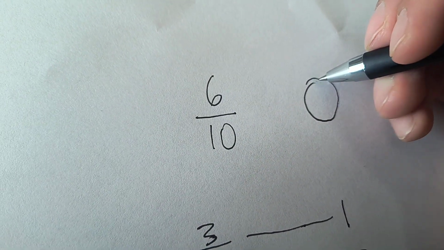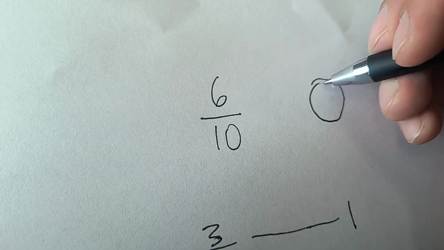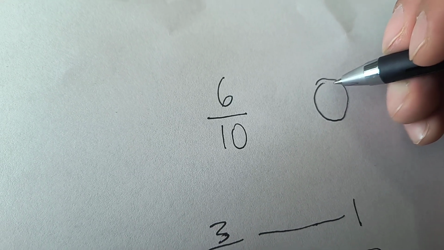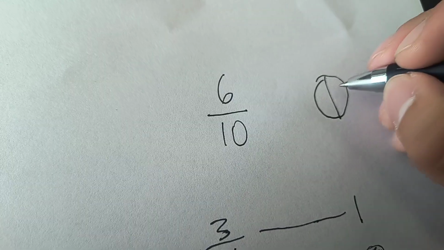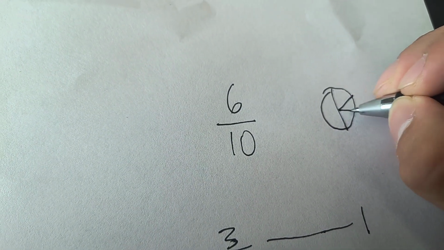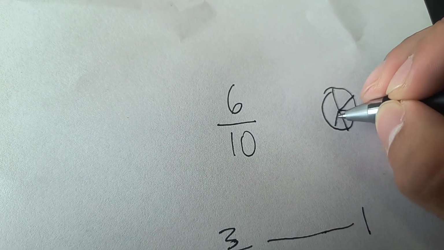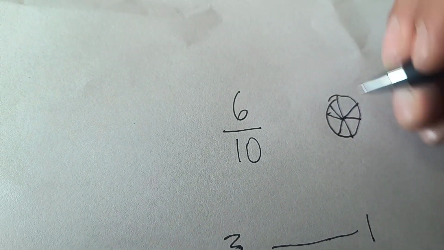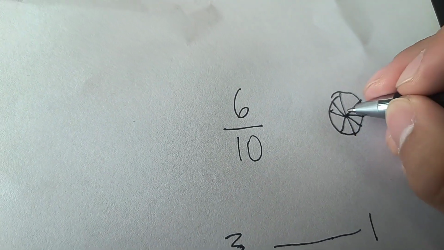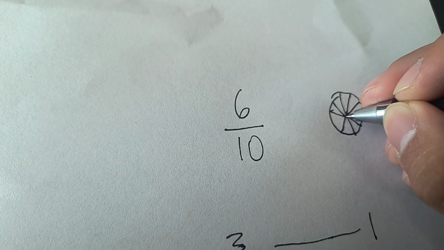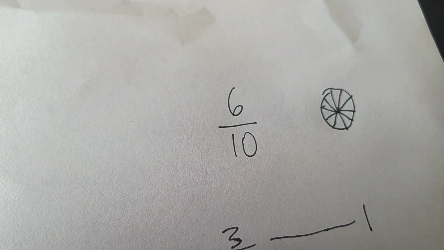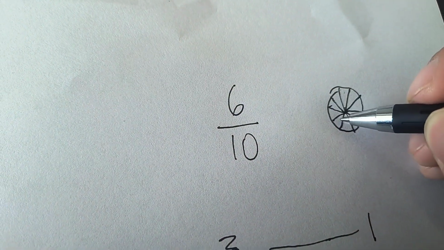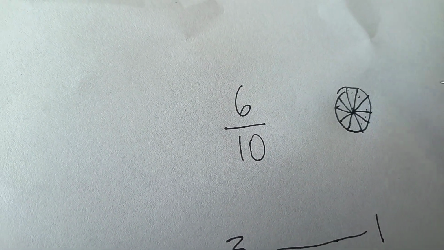If I were to make 10 pieces, how am I going to make 10 pieces? Let's just say 1, 2, 3, 4, 5, that's 5, and then 6, 7, 8, 9, and 10. That's 1, 2, 3, 4, 5, 6, 7, 8, 9, 10.